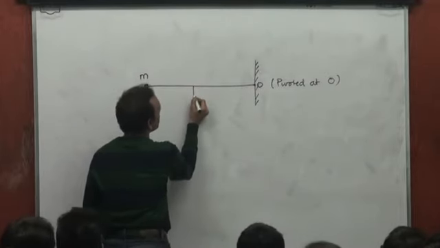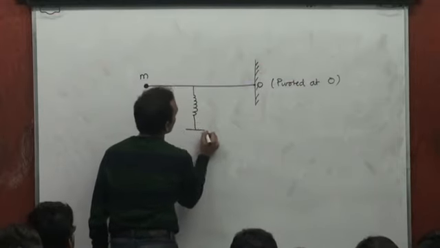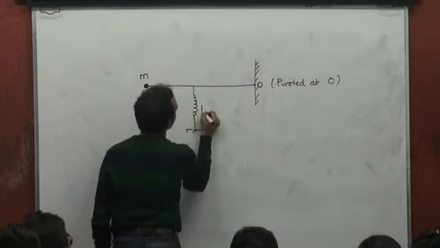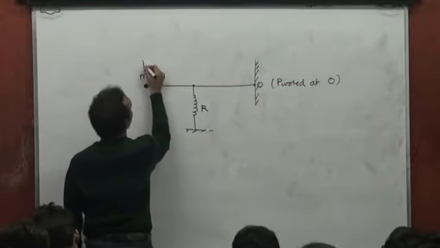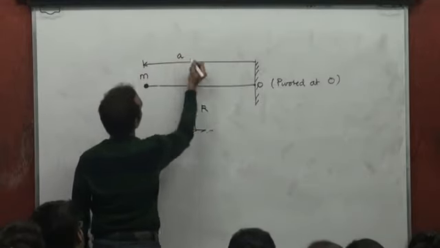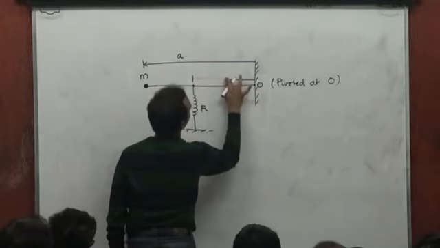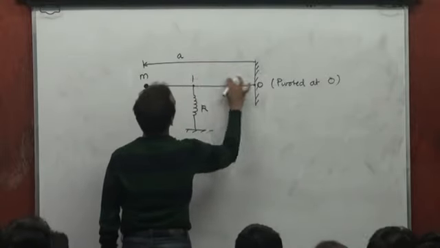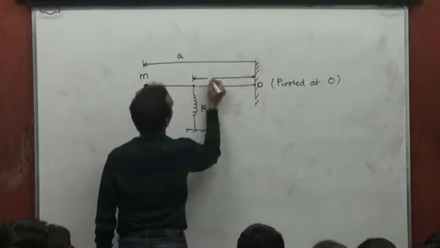But there is a spring of force constant K at some other point. Say this is A. This is B.